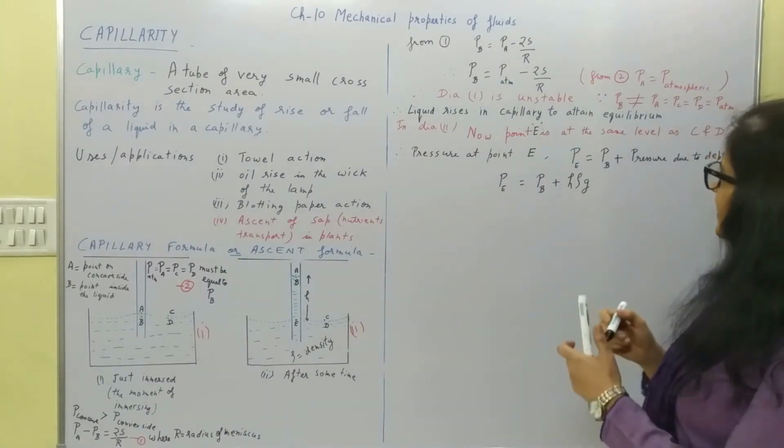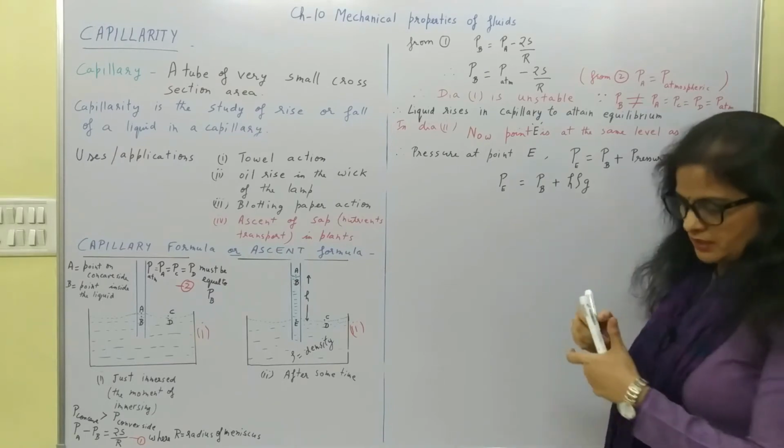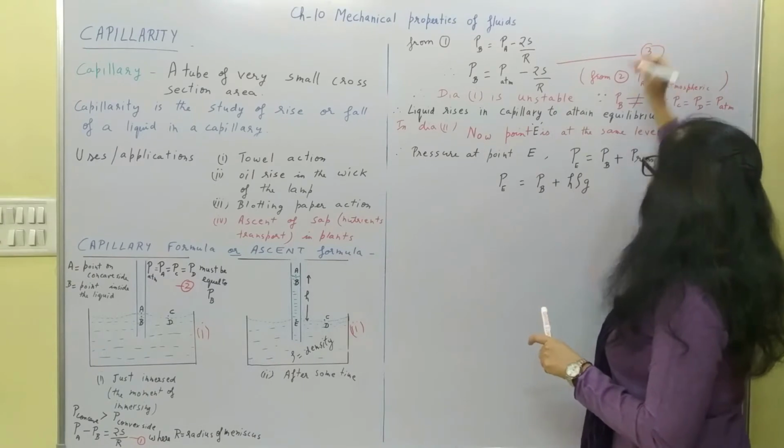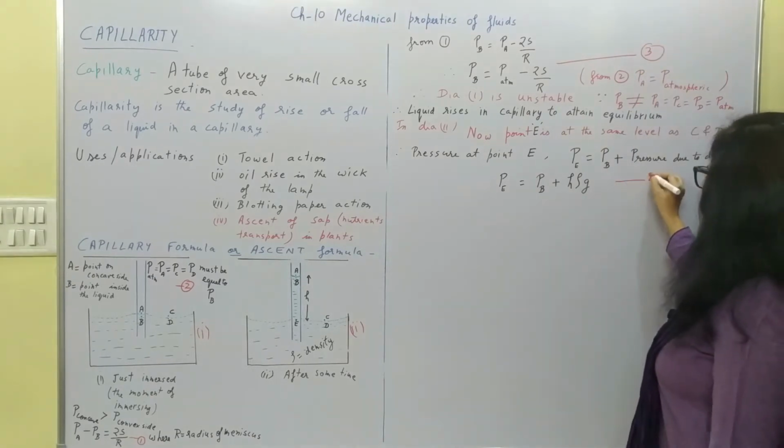And what is pressure at B? If I mark this as equation 3 and this as equation 4.